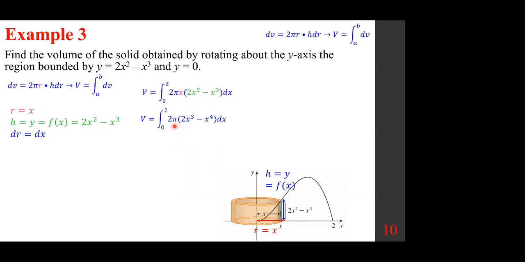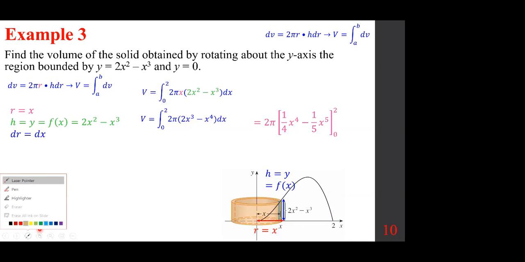It just remains as a constant. 2x cubed becomes 2 over 4, x to the power of 4, and minus 1/5 x to the power of 5. It's 1/2, everybody, okay? 2 over 4.